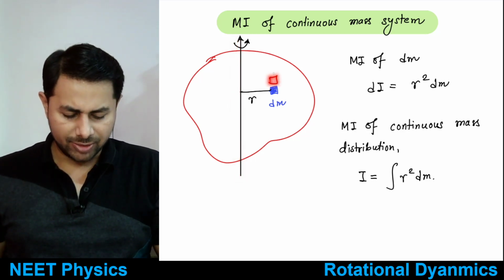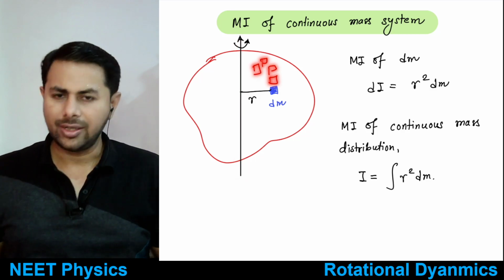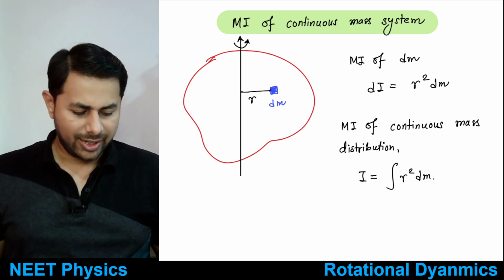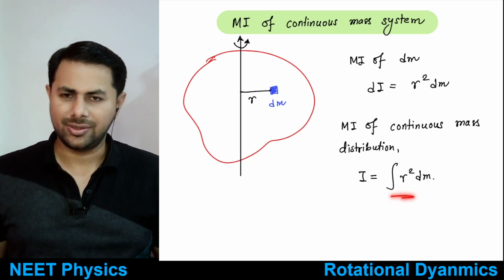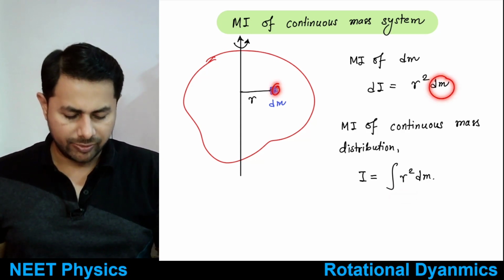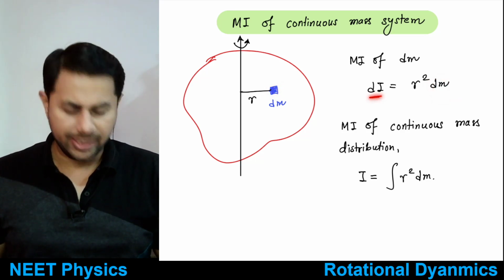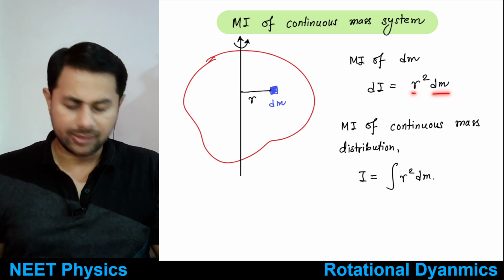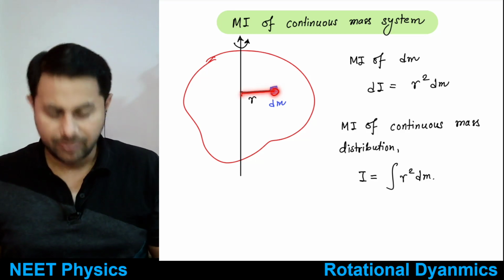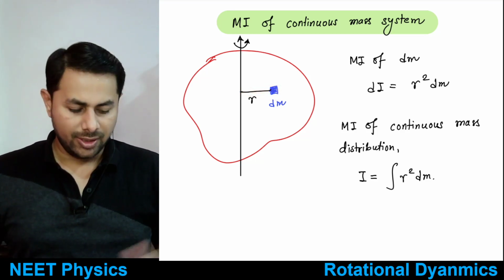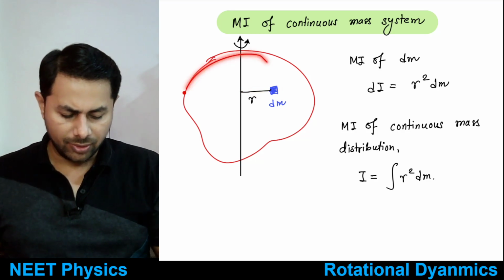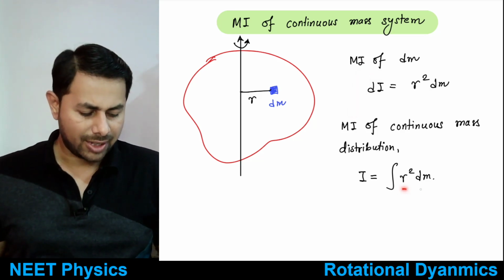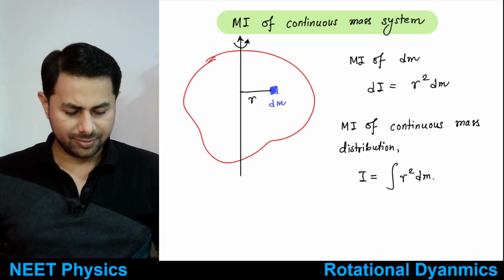I should take small pieces like this, find out their moments of inertia and add them up. That whole procedure is known as what? Integration. So for this mass, dI is the moment of inertia of this much mass only, and that is r square dm, where the distance of this mass from the axis of rotation is r. Then the moment of inertia of this whole body is given by the integration of dI, the integration of r square dm, right?